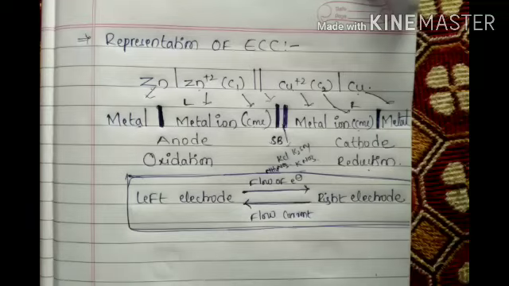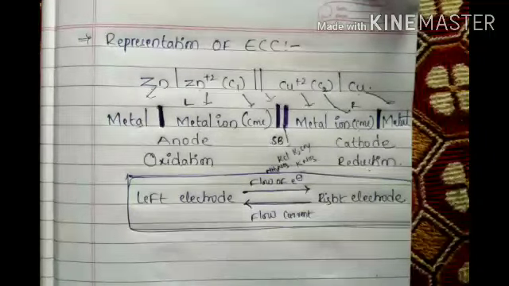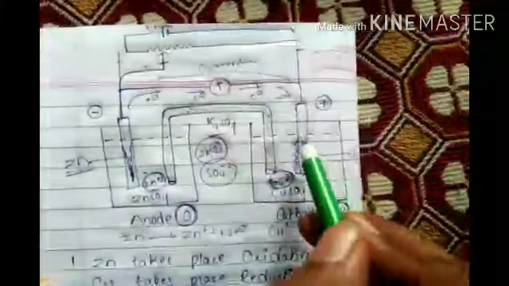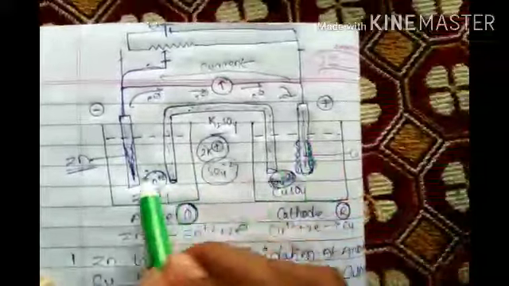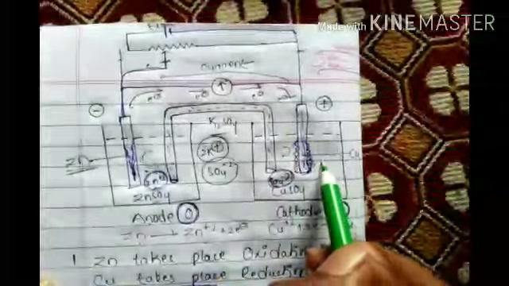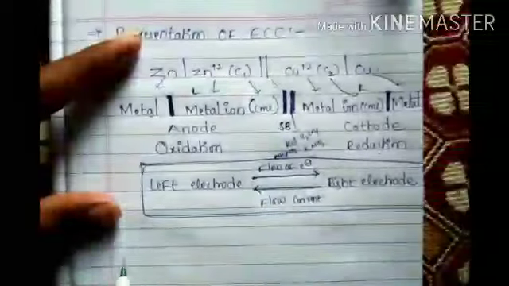Now, actually, what is going on here? In the electrodes with the solution, how is it reacting? What is going on? We have to see. Now that topic is called electrode potential.